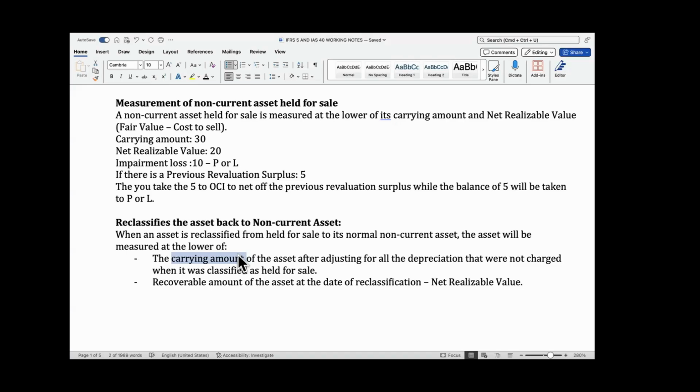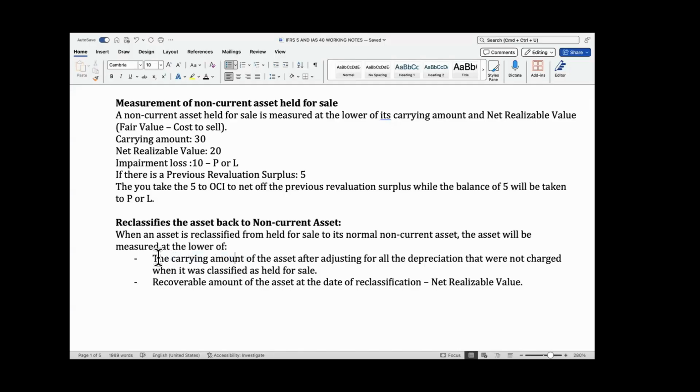And if you then decide that you don't want to sell, let it look as if you did not even classify it as held for sale. Close any gap. Charge the depreciation you did not charge in the year you classified as held for sale. Recognize it in the year you decided, okay, I don't want to sell again. So accounting is tight that way.